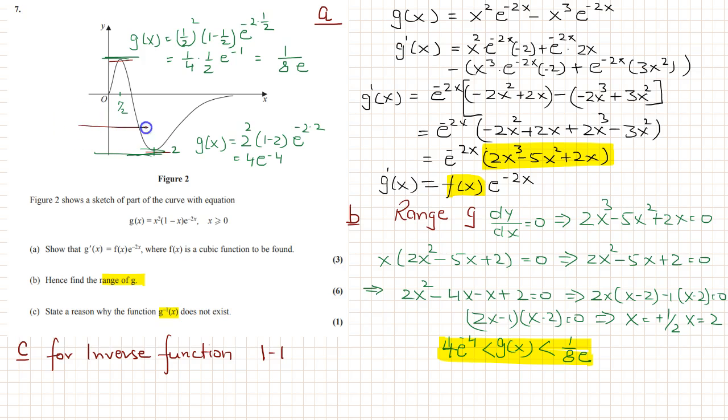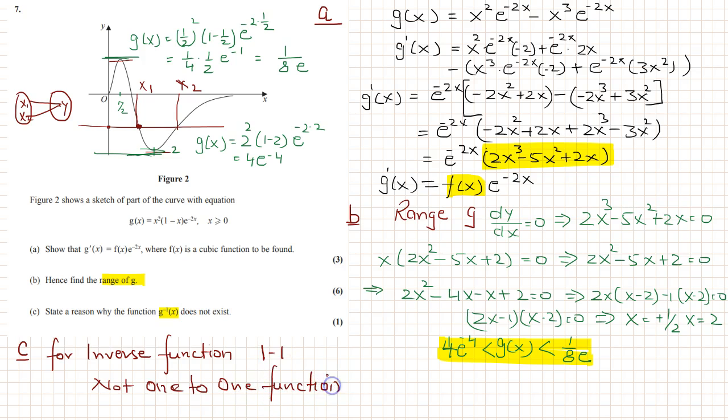Now if we check this, this is x1, this is y1, this is x2. This is x1, this is x2, and for both there is one value of y. So this is not a one-to-one function. So inverse will not exist.